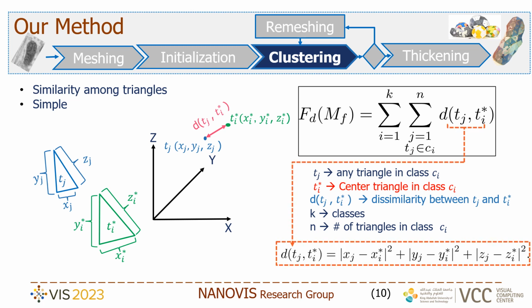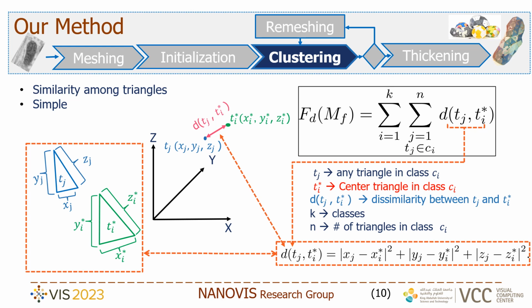So for each triangle Tj of the same class, we find the distance d, which represents the degree of dissimilarity from the center triangle to the triangle Tj. Then we apply remeshing operators to minimize these individual distances, which minimizes the overall cumulative distance.